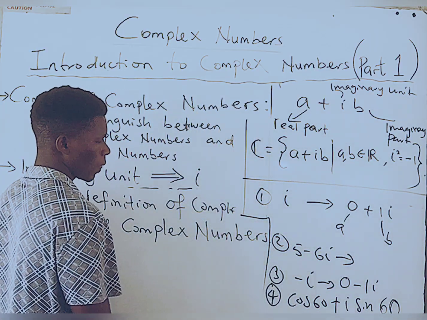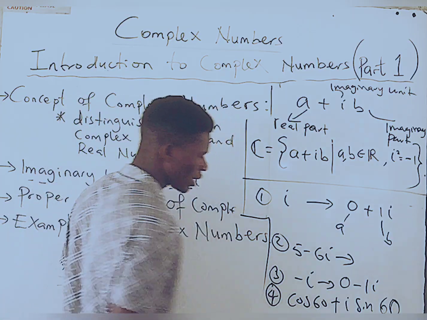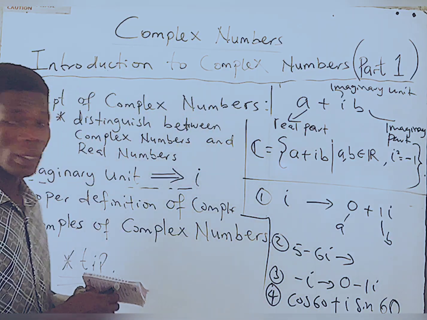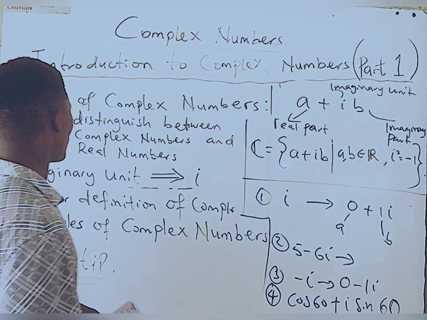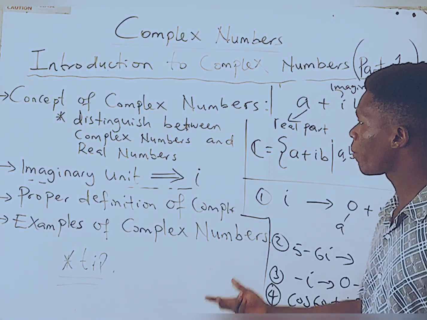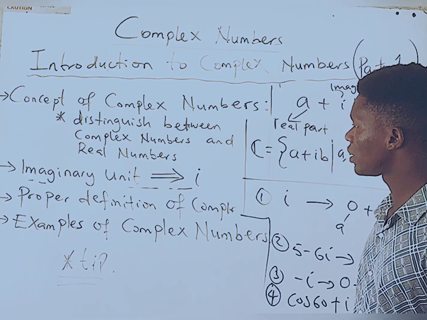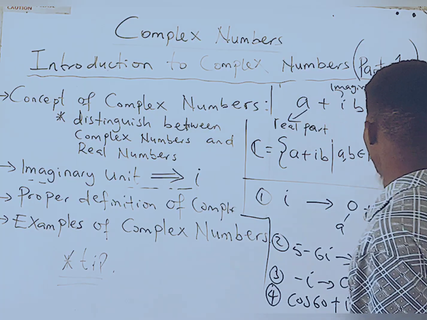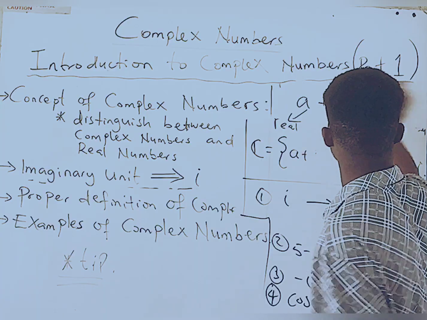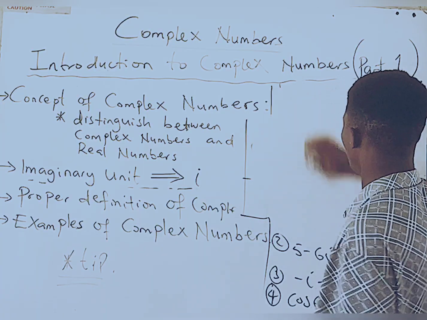The imaginary part is sin 60, and the real part is cos 60, and i remains the imaginary unit. So we have broken down all these concepts, and I hope that when we see a complex number, we can actually identify it. Now let's talk about the tip that I said I will mention.